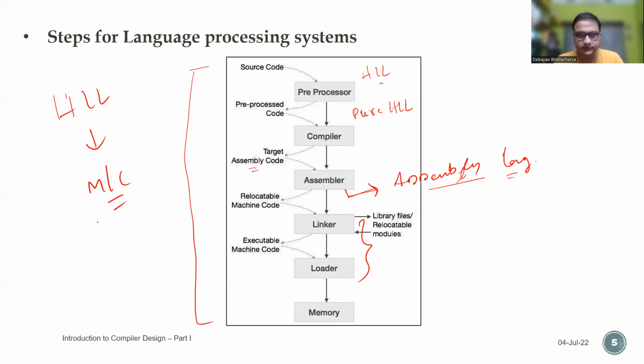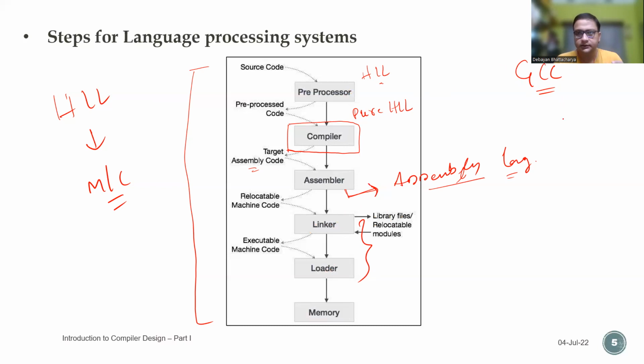But in this course, we are only going to discuss the compiler. Whenever we talk about the GCC compiler, it contains all these steps: the preprocessor, the compiler, the assembler, the linker and loader, and ultimately by combining all these operations it produces the executable code.